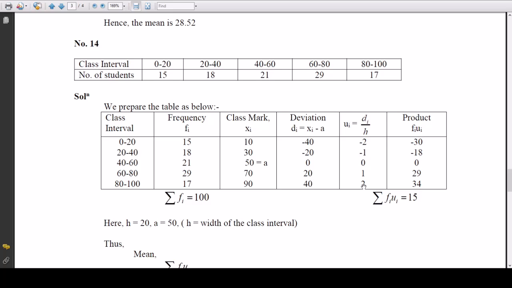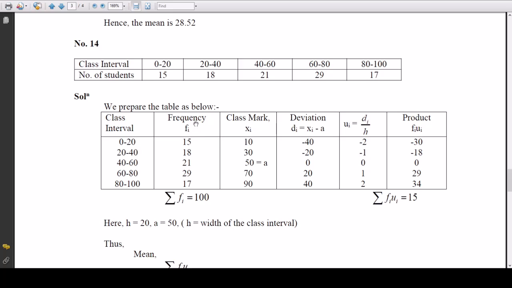Now what will be the product of fi and ui? 15 multiply minus 2, minus 30. 18 multiply minus 1, minus 18. 21 multiply 0, 0. 29 multiply 1, 29. 17 multiply 2, 34.